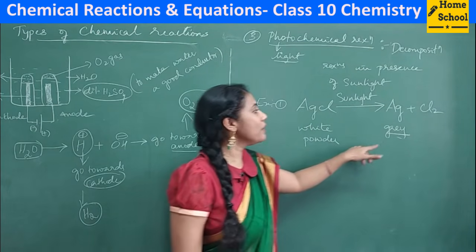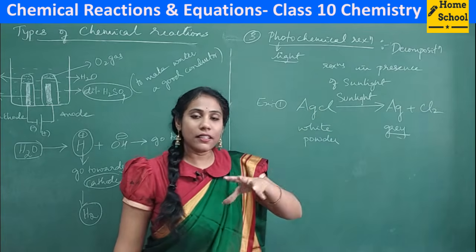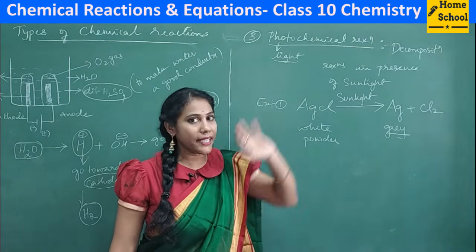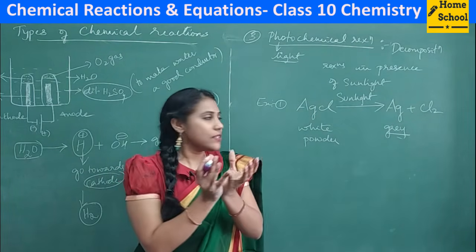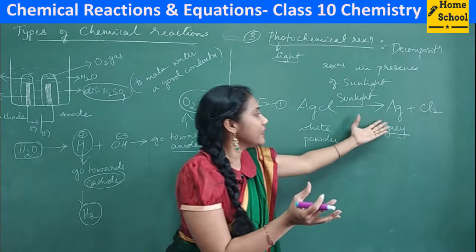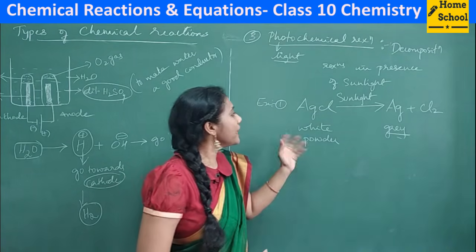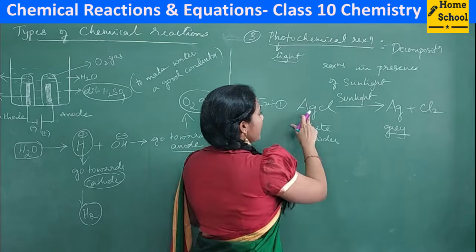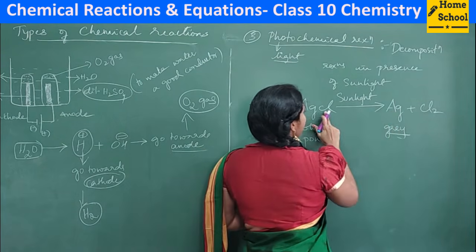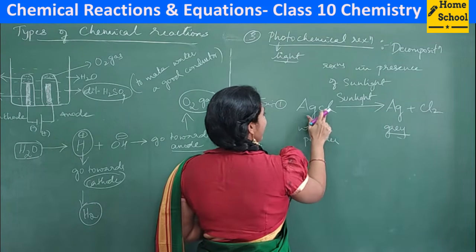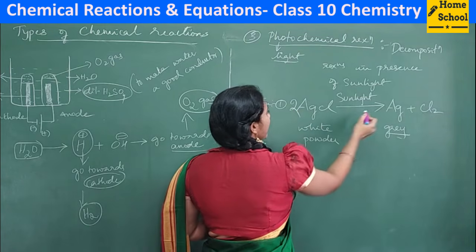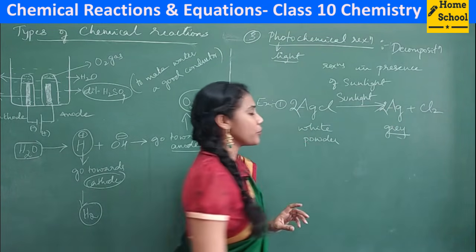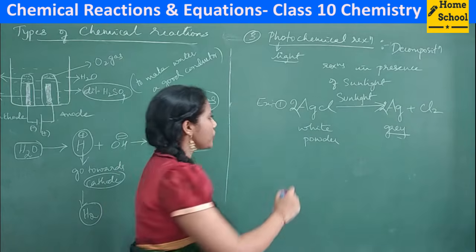Along with the silver, you will get chlorine gas. Chlorine is a gas, it evaporates into the atmosphere. So the remaining stuff is only a gray powder, that is silver. Okay, so now how do you balance this reaction? 1 Ag, 1 Ag, 1 Cl, 2 Cl. So you want to balance this Cl, you will put 2 here and you will put 2 here also, right? So this is one reaction.